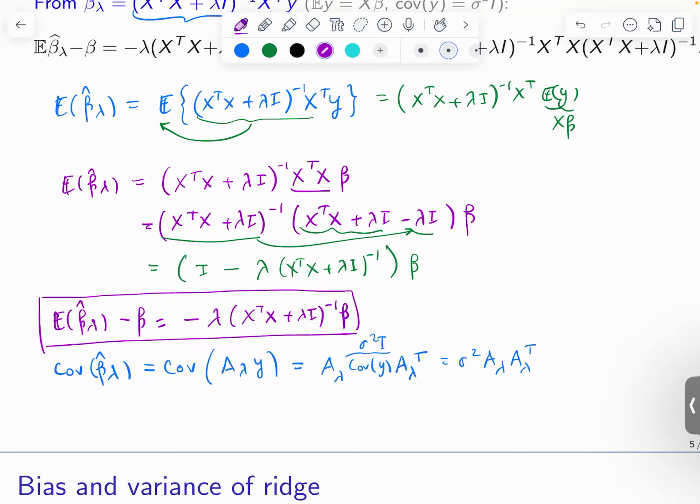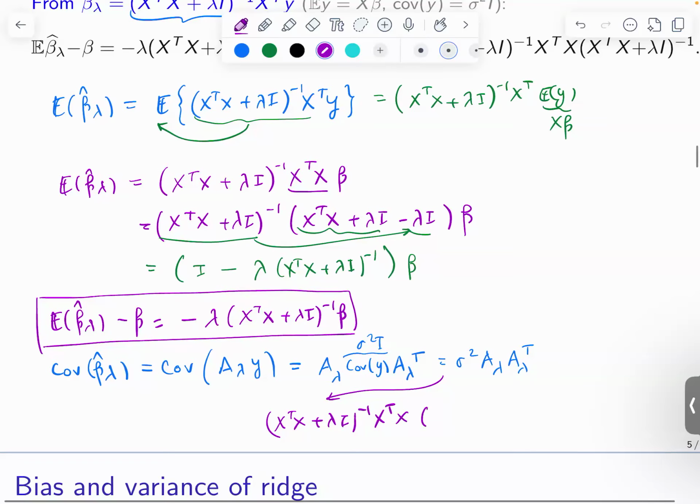If you plug in, you get a very ugly formula. You get X transpose X plus lambda I inverse, then X transpose, that's A, and then the transpose of A, you get X, and then X transpose X plus lambda I inverse. And you have a sigma squared as well. So that's the covariance matrix of the ridge estimator.